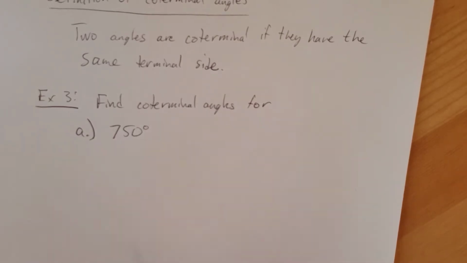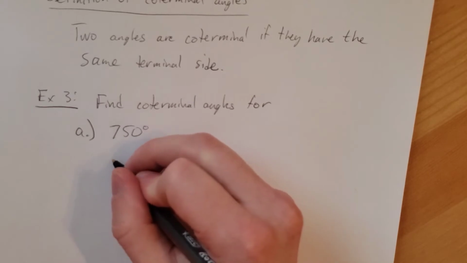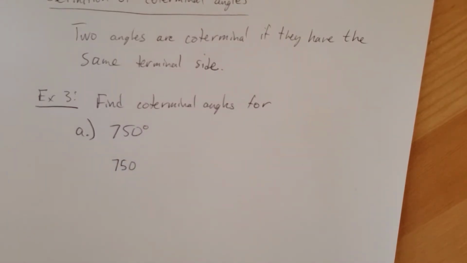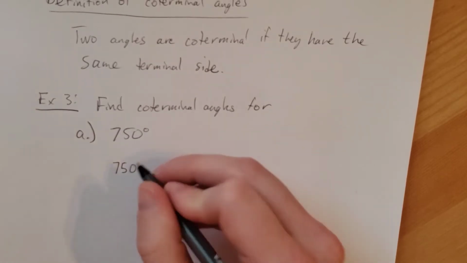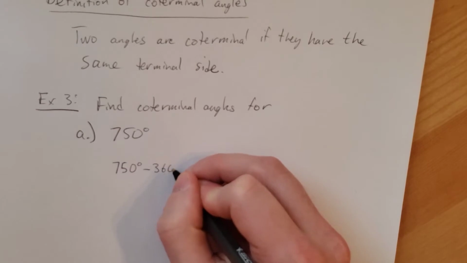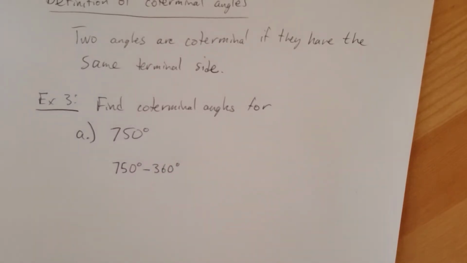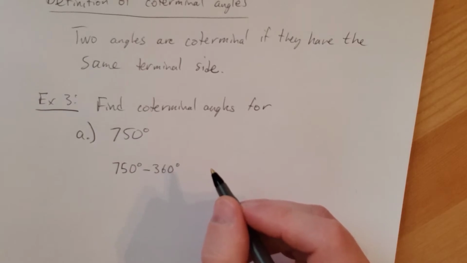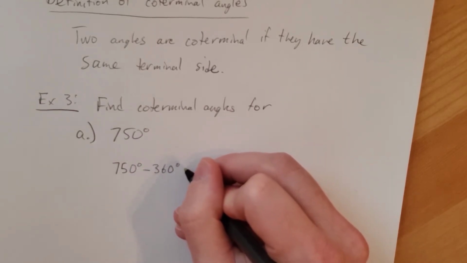So, two angles are coterminal if they have the same terminal side. Well, since going all the way around the circle is 360 degrees, then if we subtract 360 degrees, we get angles that are coterminal. So what is this?